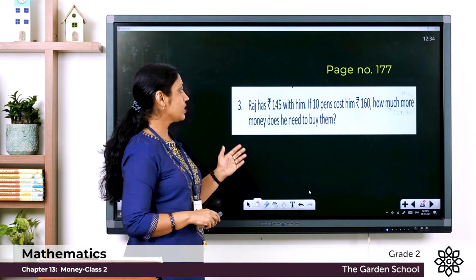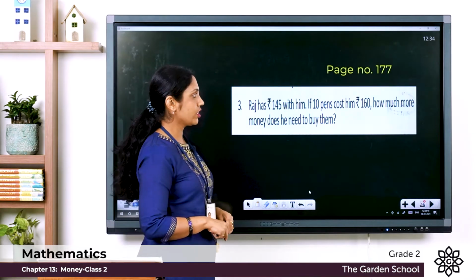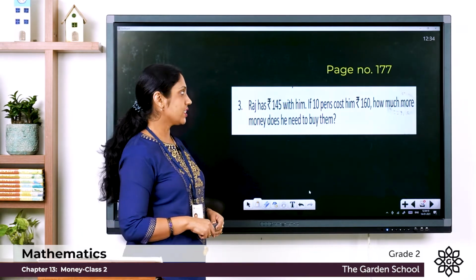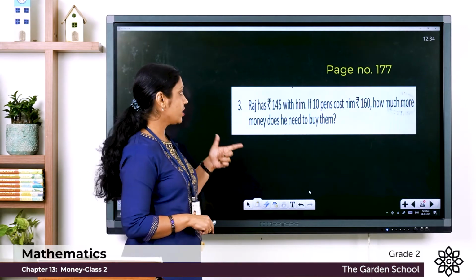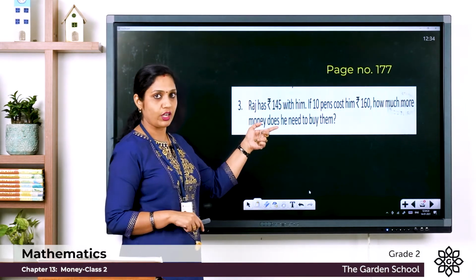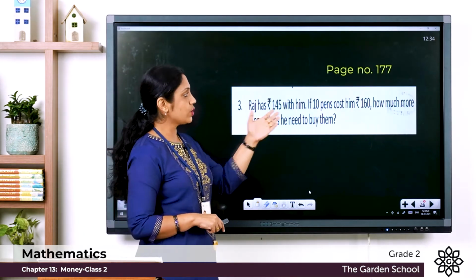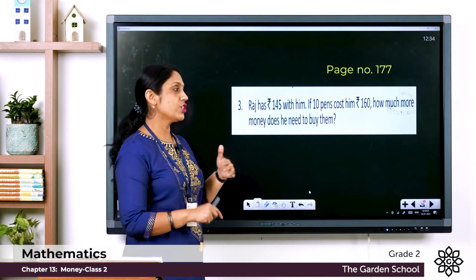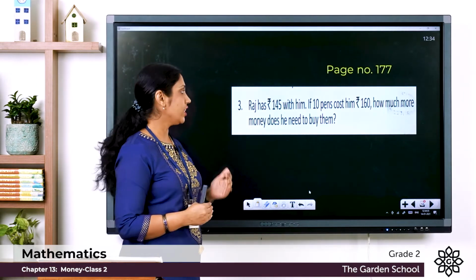Raj has rupees 145 with him. If 10 pens cost him rupees 160, how much more money does he need to buy them? So here Raj is having rupees 145 and the question is if 10 pens cost rupees 160, how much more money does he need to buy them?